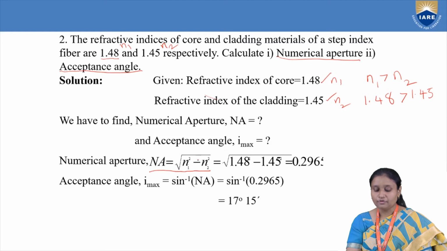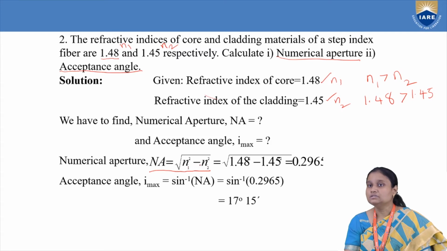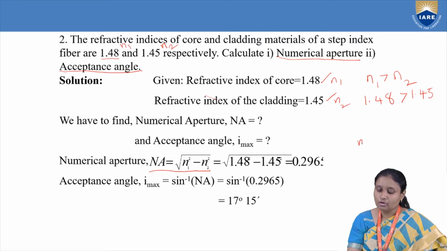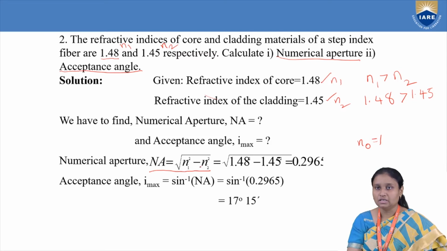Because we already know n1 and n2, one more thing I have to stress here is, because he is not talking about outside medium or launching medium of optical fiber, here we have to consider our n0 to be 1. So we are considering that launching medium, outside medium, to be 1. That's why we end up having numerical aperture as square root of n1 square minus n2 square.